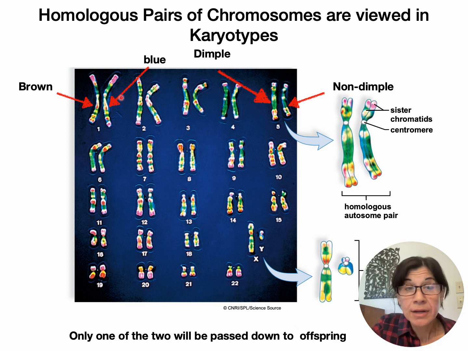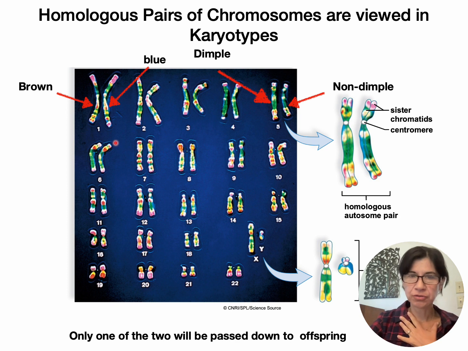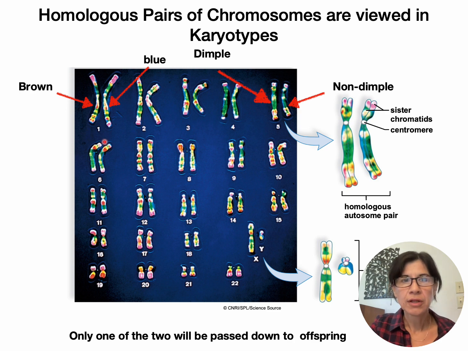You inherited one of each homologous pair from your mother and one of each homologous pair from your father. And when you, as a mature adult, produce gametes, egg or sperm, those egg and sperm will have one of each pair, and that will be potentially passed on to your offspring. Okay, and we'll talk more about that later.